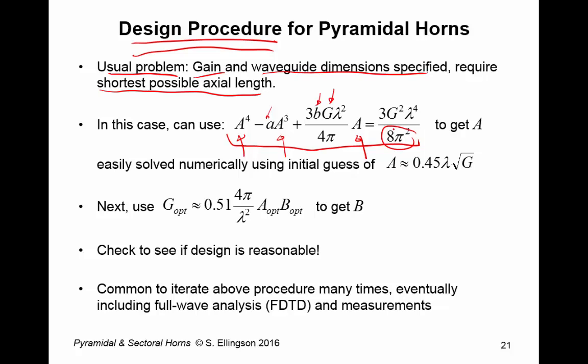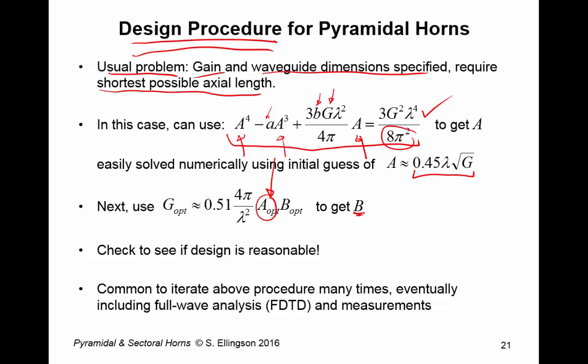It's easily done numerically. You can use an initial guess of 0.45 times lambda times the square root of gain. That'll get you close, and then you can iterate a little bit to find the solution to this equation, which gives you the value of A that you're going to use as A sub opt. Given that value of A sub opt, which you get from the previous step, now you can solve for B sub opt.